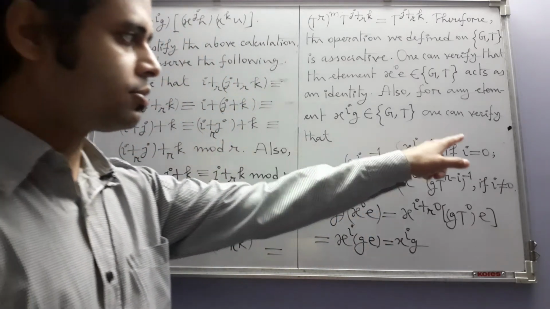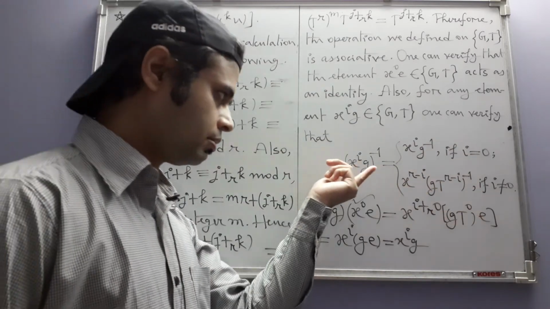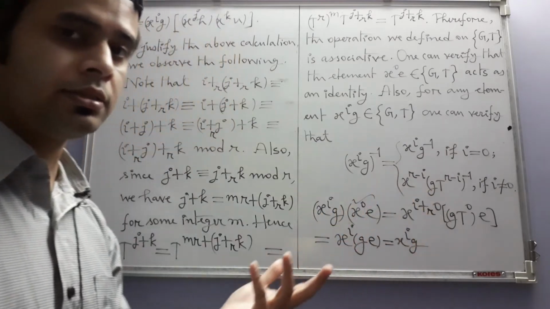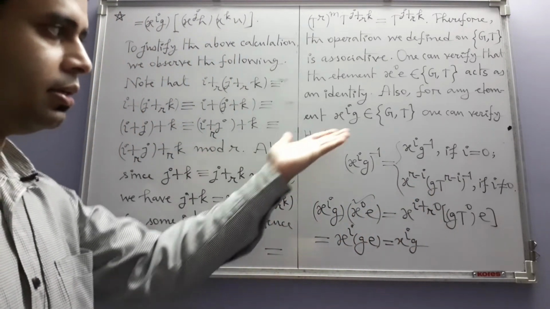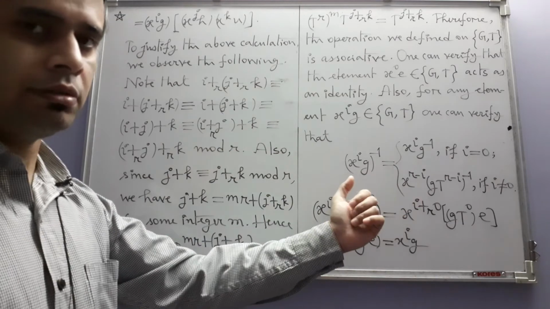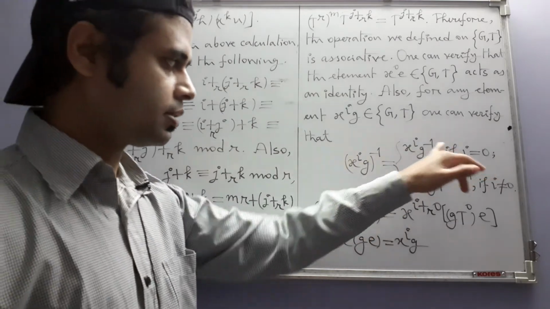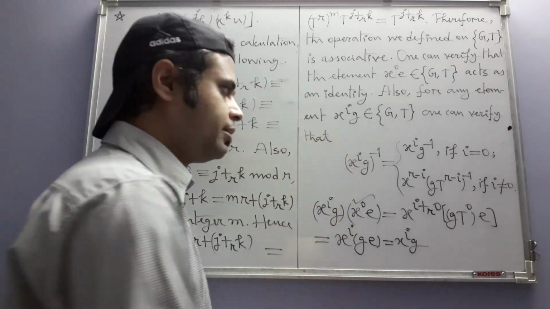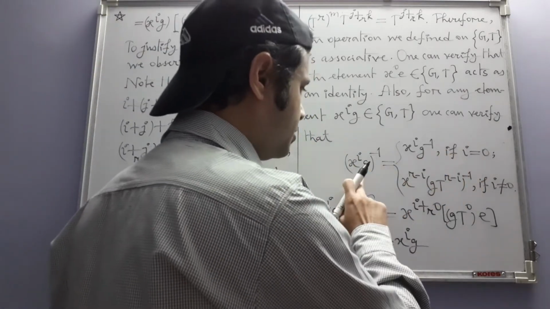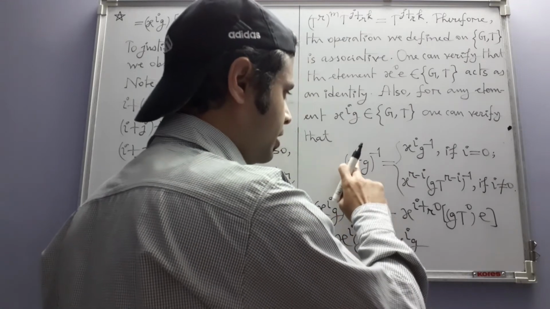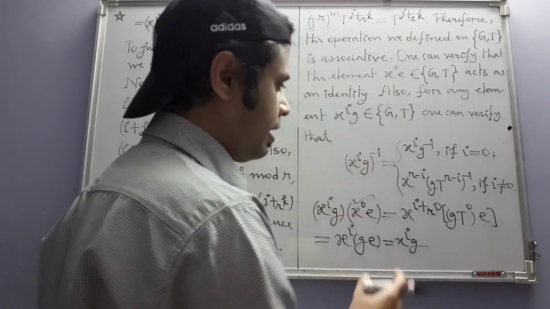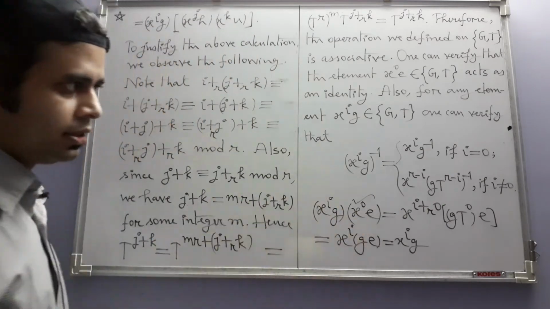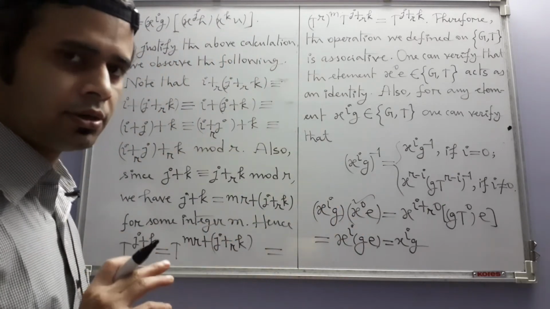Similarly, in these two cases, you can verify that the mentioned elements act as inverses. In each case, of course, it's going to be different. You have to take the cases and then verify that, for example, if i is equal to 0, and you take the product of x to the power 0 g and x to the power 0 g inverse, you are going to get this identity element. Also if you change the order.